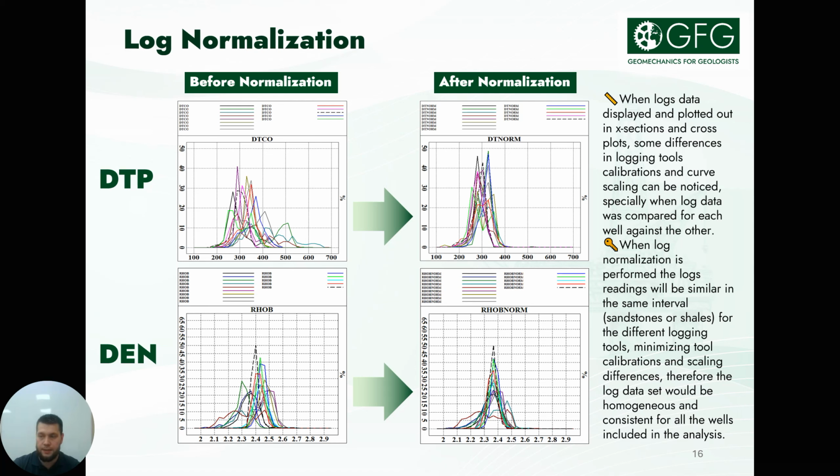When input log data is displayed and plotted in histograms, some differences in logging tool calibration and curve scaling can be noticed, especially when log data is compared for each well against the others. When log normalization is performed, the log readings or values should be similar in the same intervals for different logging tools. It minimizes differences of tool calibrations and scaling. Therefore, the log data set would be homogeneous and consistent for all wells.